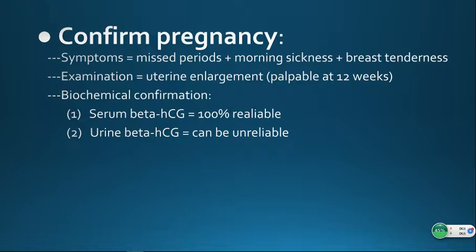Ultimately, you will have to rely on biochemical confirmation. Serum beta HCG is 100% reliable, but urine HCG can have false positives and negatives. So you have to ask the woman how they know they are pregnant, and ideally everybody gets a serum beta HCG anyway.